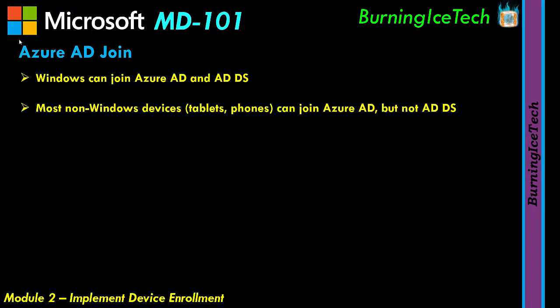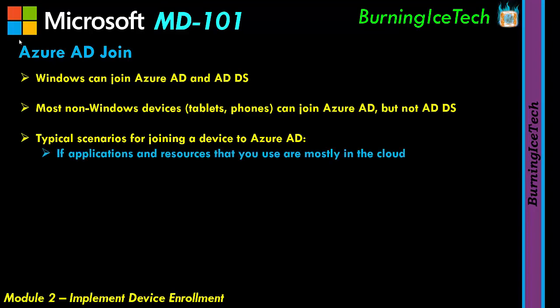Now, let me give you guys a couple of typical scenarios for joining a device to Azure AD. So why would you want to go and do something like that? There's many reasons, but I'll give you a couple. So if applications and resources that you use are mostly in a cloud, that could be a reason to go and join a device to your Azure AD.